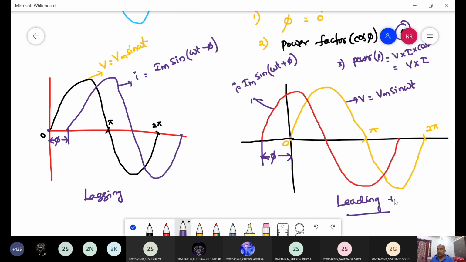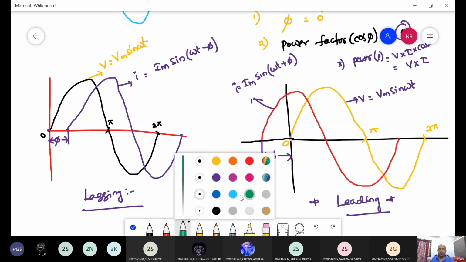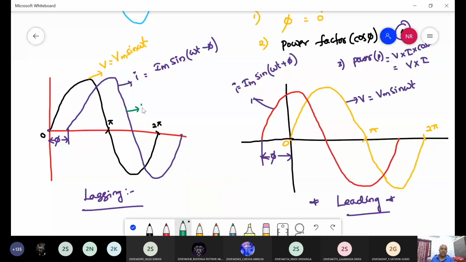Here, always which quantity we are considering as a reference is important, right? Suppose here you are considering current as a reference, then I write I is equal to Im sine omega t. Then what is the voltage here? If current is the reference, how to write the voltage?